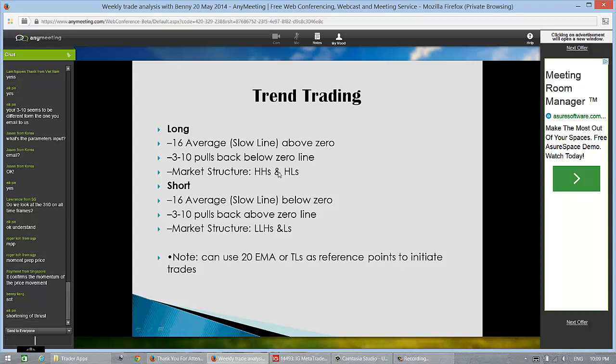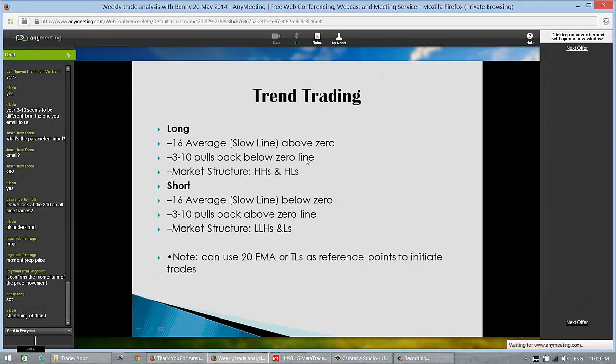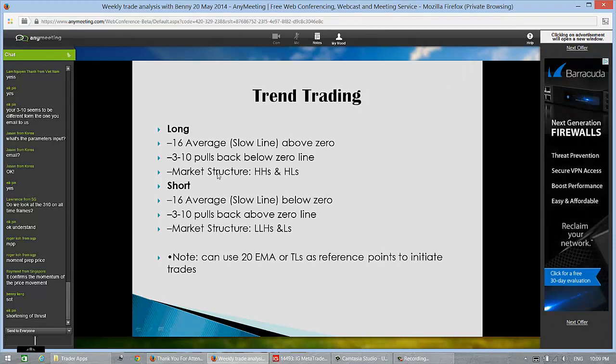Okay, trend trading is basically for us to go long. Let's say the price had been in an uptrend, right? The slow line remains above the zero line. The fast line pulls back to the zero line or below the zero line. The market structure must have a higher high, higher low in the uptrend. And for us to sell, the slow line must be below the zero line.